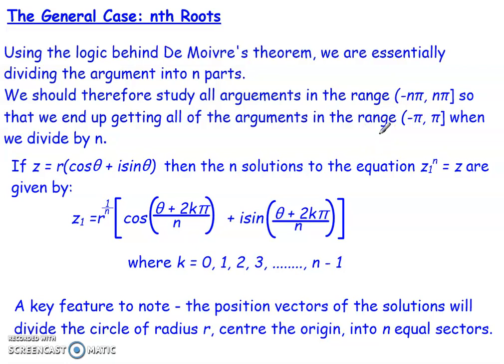So say I was to do the previous one, I'd have n equal to 2, I'd be dividing it into 2, so what I'd do is I'd study all the arguments between negative 2 pi and 2 pi, and then as I'm dividing through by n, using De Moivre's Theorem, I would then bring it back into the range of negative pi to pi. So essentially we're saying, let's split it up and use a bigger range, because then when we divide it, we bring it back into the smaller range.